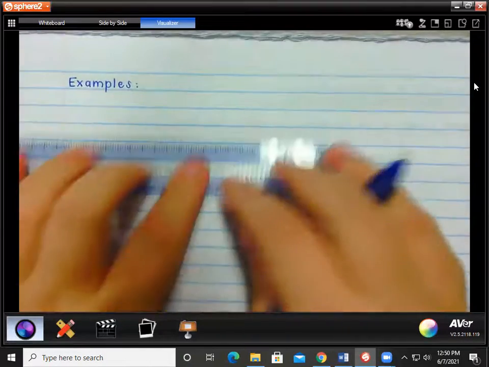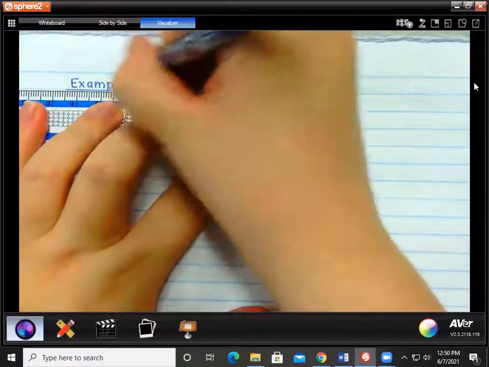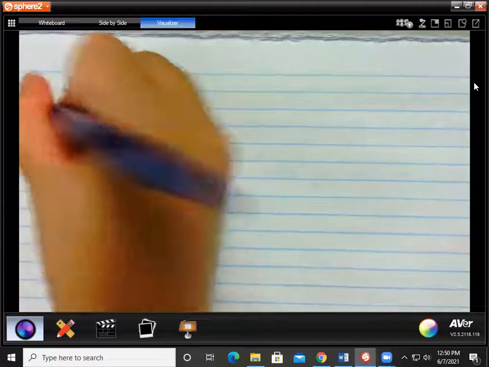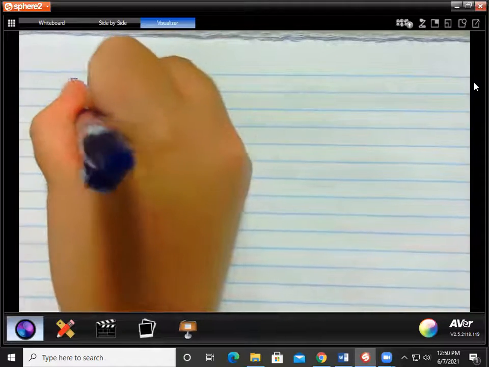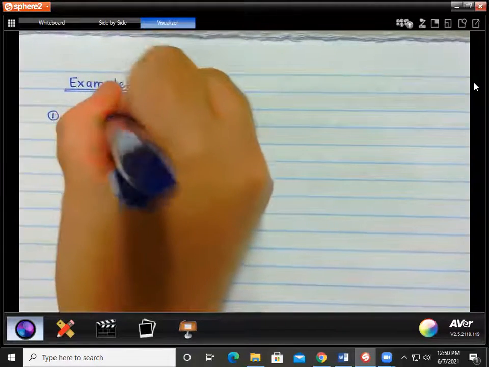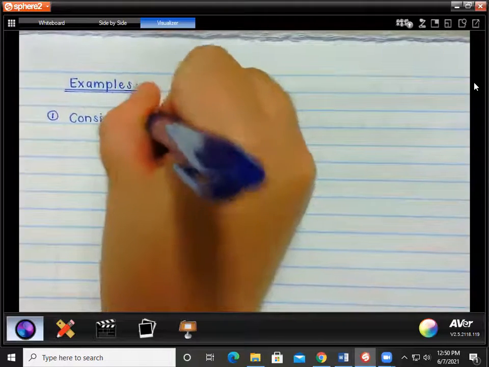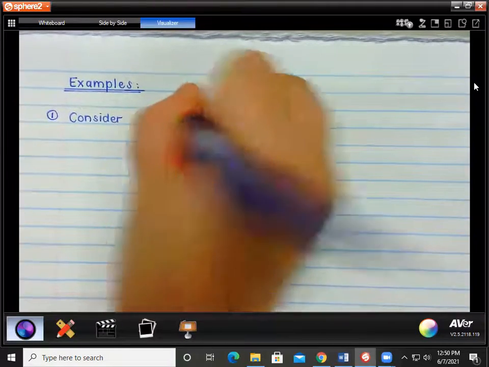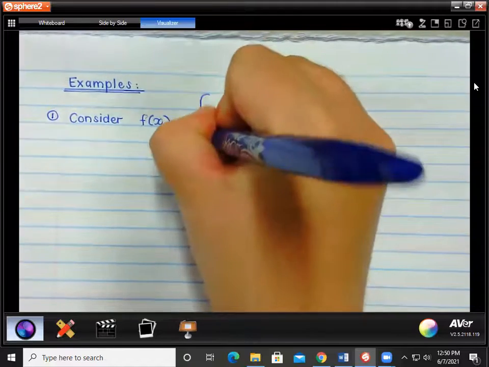All right, I've written examples. It's actually just example, but anyway, whatever. There we go. Number one, even though there's only one. Consider, and we are going to look at this split function, f of x, which is equal to this.